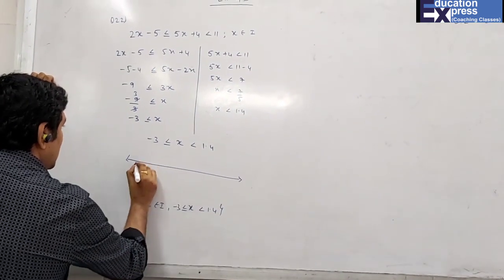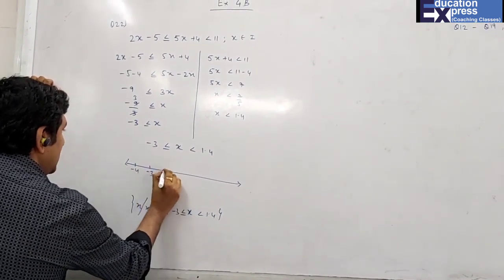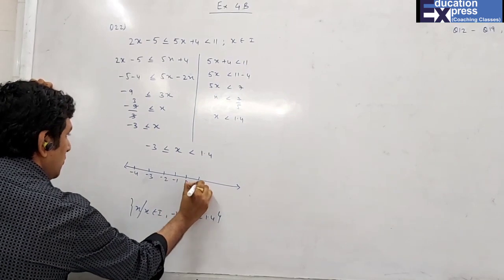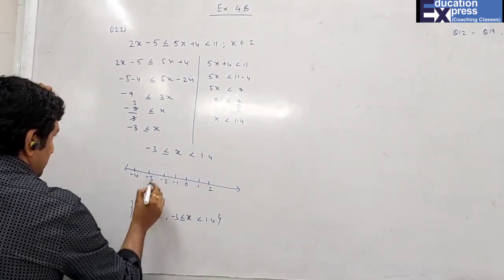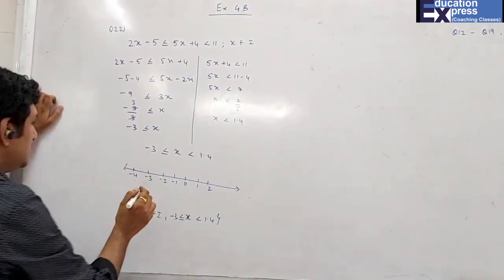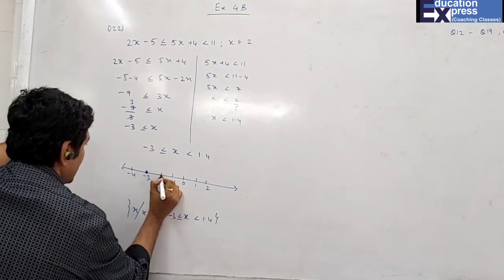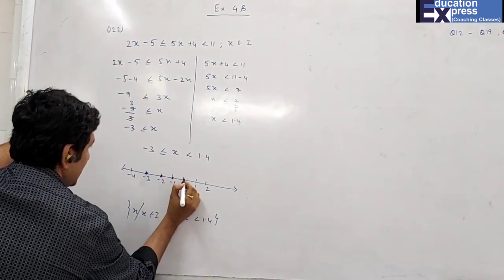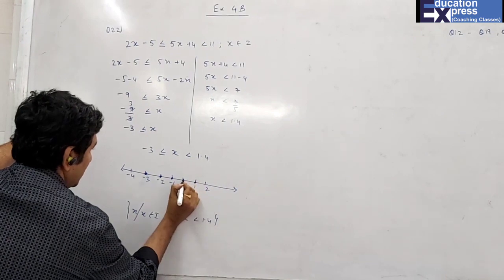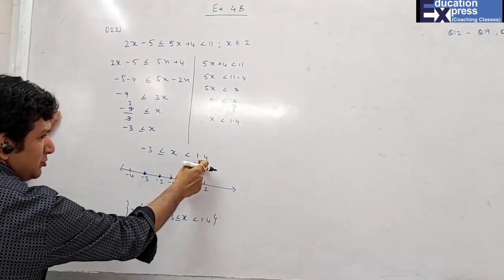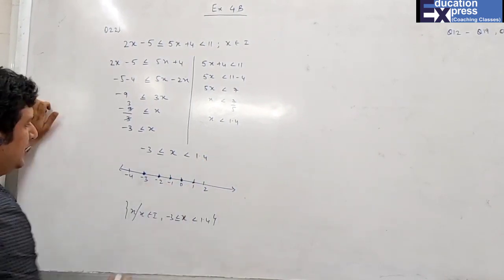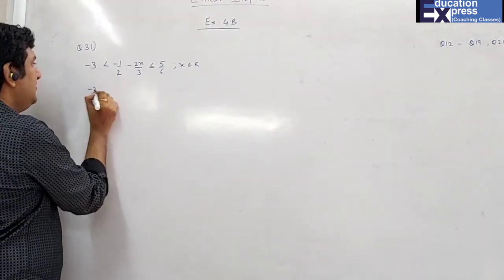So here I start with minus 4, minus 3, minus 2, minus 1, 0, 1, 2. Integers means only the numbers. So minus 3, minus 2, minus 1 and 0 and 1. Not 2 because its last is 1.4 only. That means only these numbers will be included for integers.